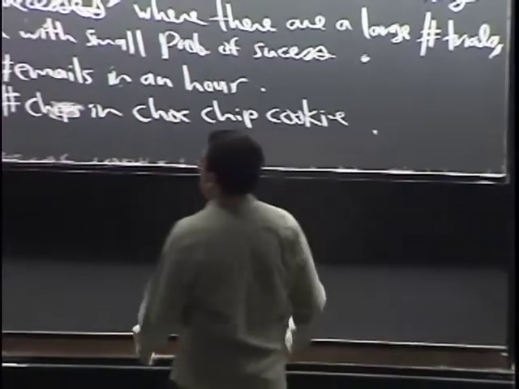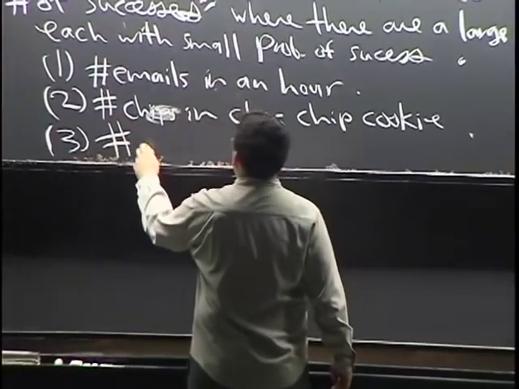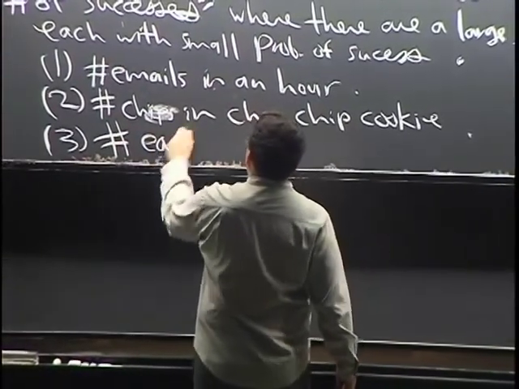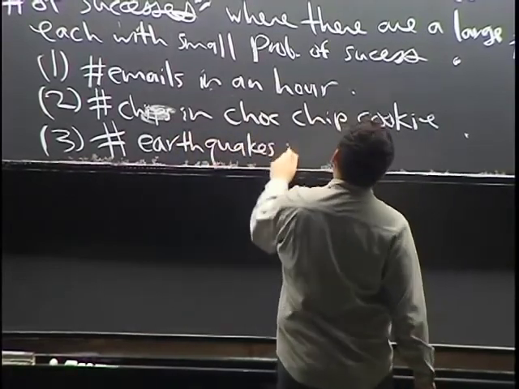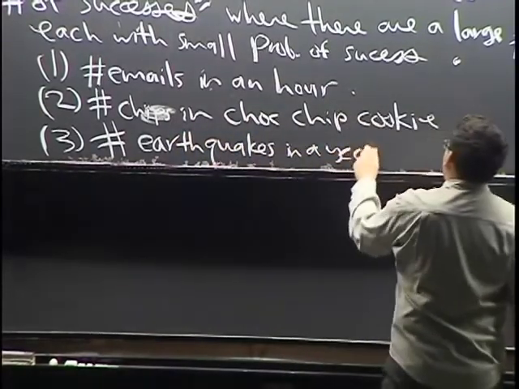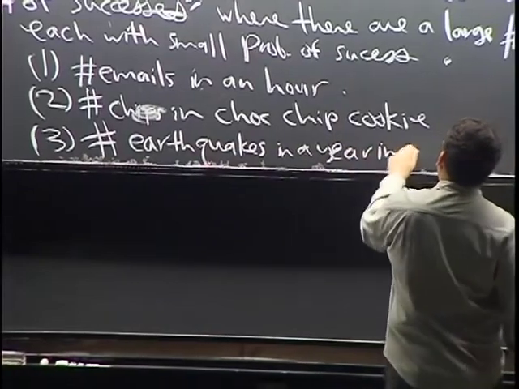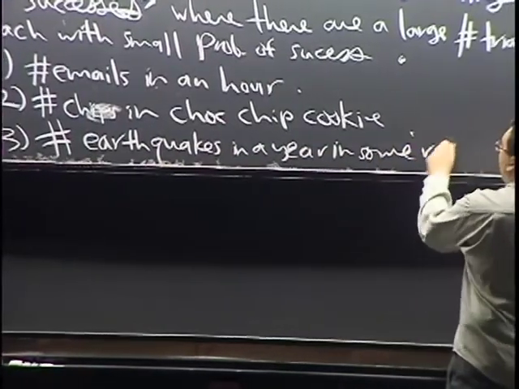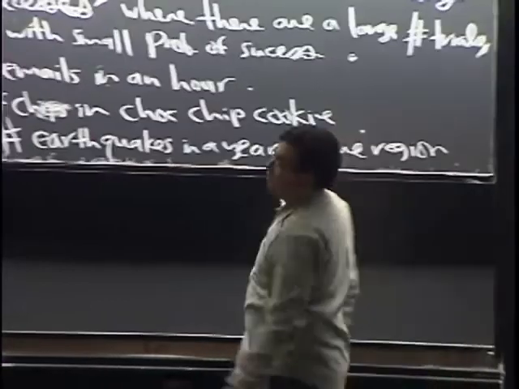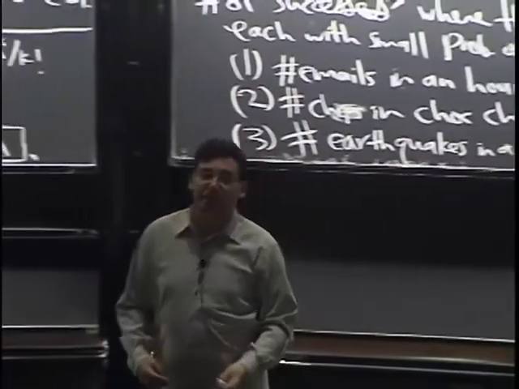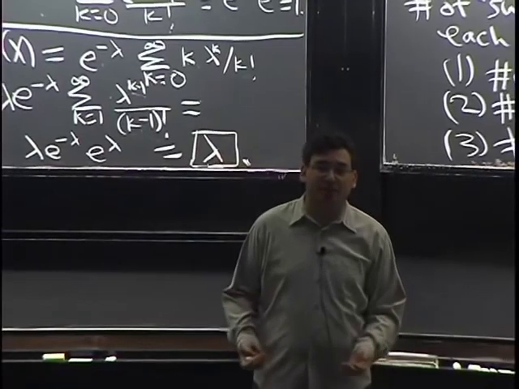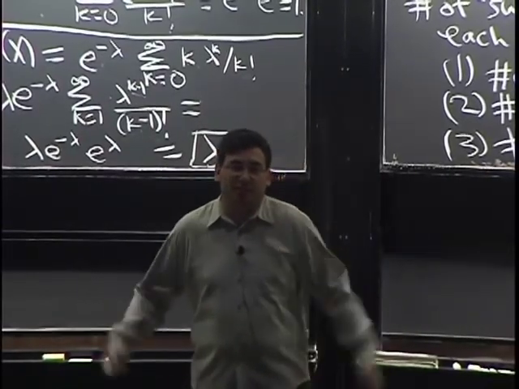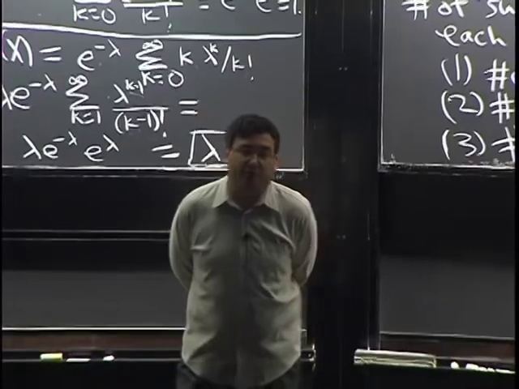More serious examples would be the number of earthquakes in a year in some region. Again, I'm not saying that's exactly Poisson, but that would be a reasonable first choice of a distribution because on each particular day, it's not likely that there's an earthquake, but there are a lot of days in a year, and so there may be a few earthquakes, right?